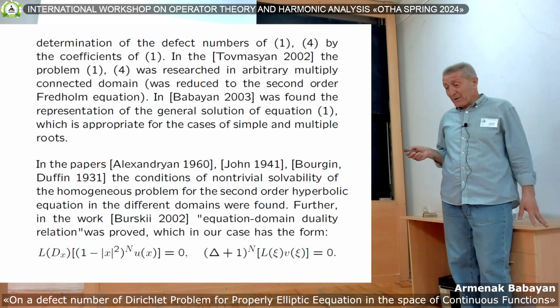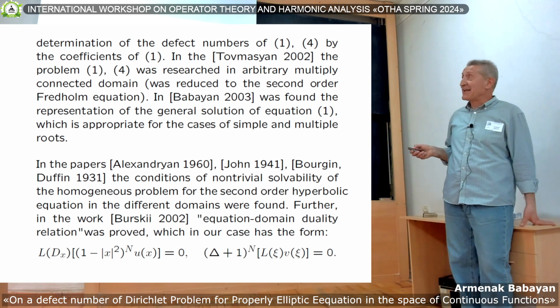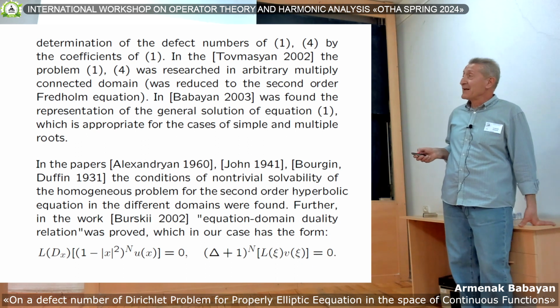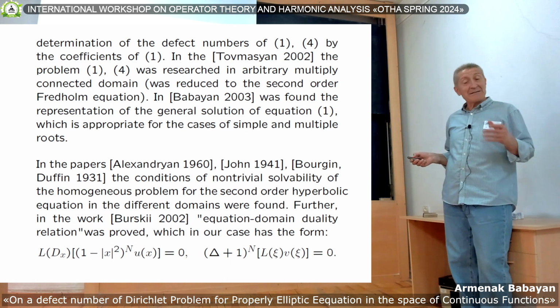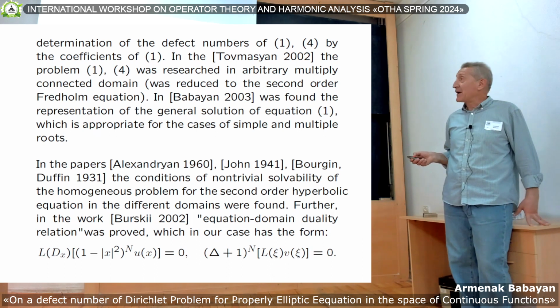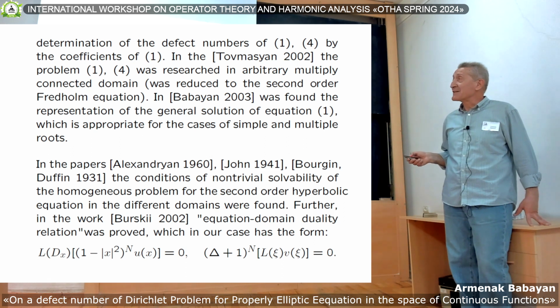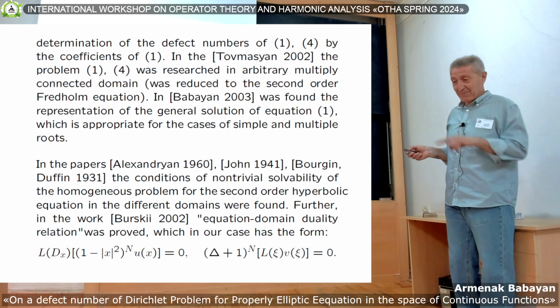The same, along with the investigation of the elliptic equation, there are many papers, not many. So the paper of Alexandrian, John, Borgen and Dauphin, which is connected with the Dirichlet problem for the hyperbolic equation. In Alexandrian's work, it was done for the circle.